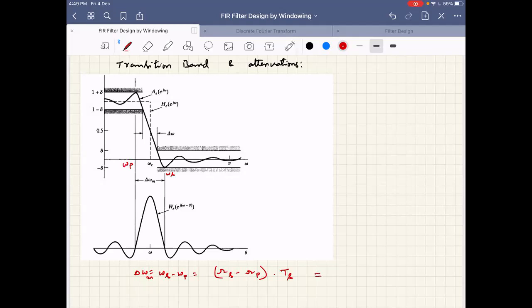And this will determine the length of the FIR filter or the window function. For rectangular window, it is 4 pi by M plus 1. Okay, so this is only for rectangular window.